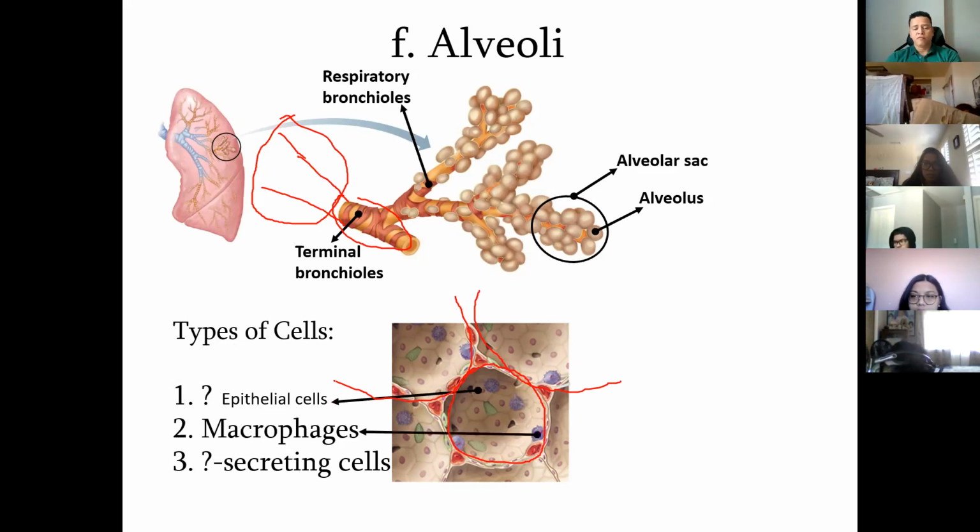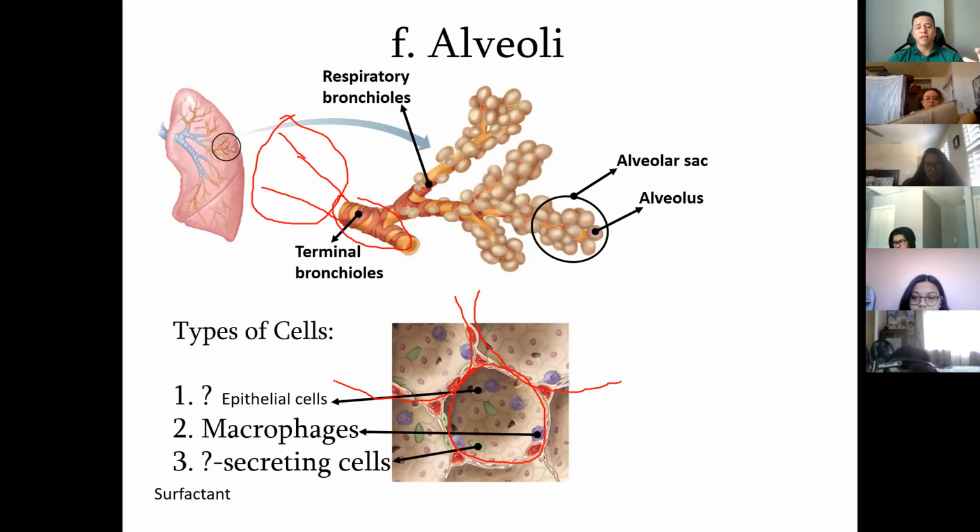We have macrophages, which are resident immune cells that will trap and destroy any bacteria or viruses or particles that get inside of the lungs, inside of the alveoli. And we also find surfactant secreting cells inside the alveoli, which are the little cells that produce the lipid fluid called the surfactant. What does surfactant do?